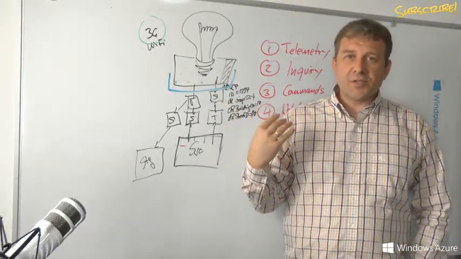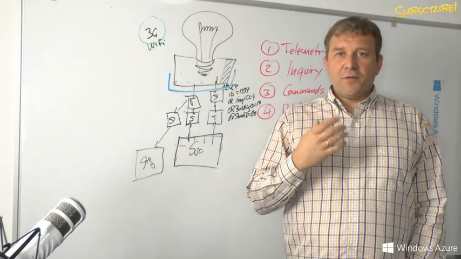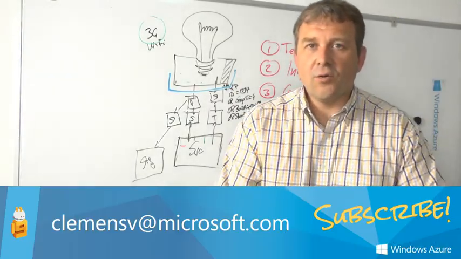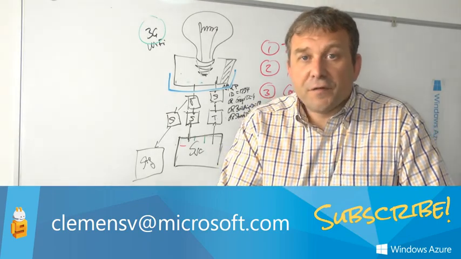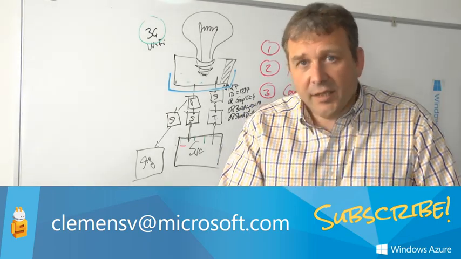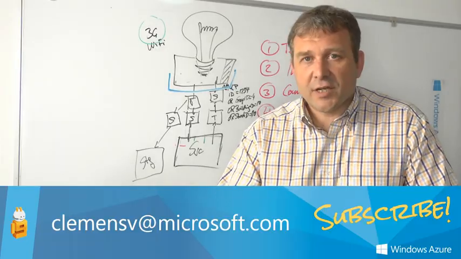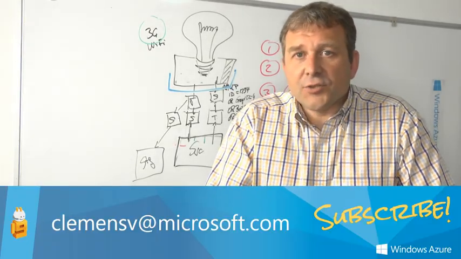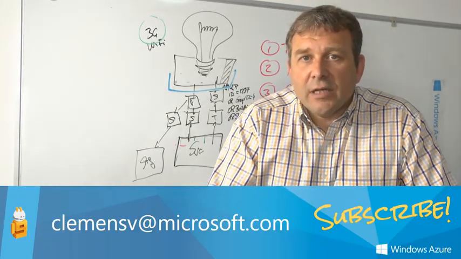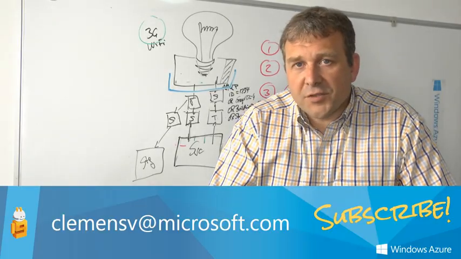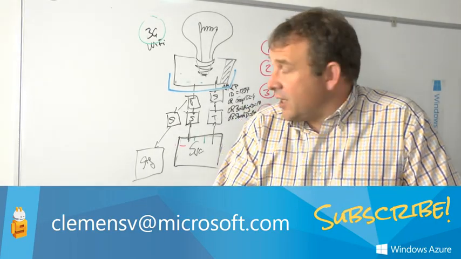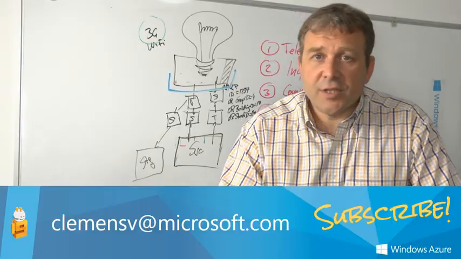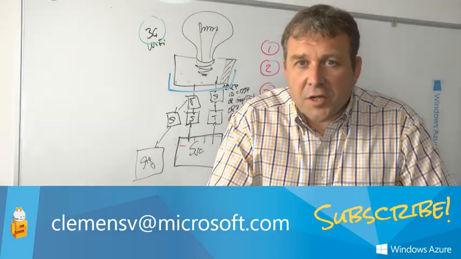So we're working with a number of customers. If you find that interesting, if you recognize that problem in your own environments, feel free to write me an email directly, clemensv@microsoft.com. I'd be glad to talk to you, and we're working with a number of customers directly from the product group to solve those problems, and certainly we're interested in the hardest challenges.